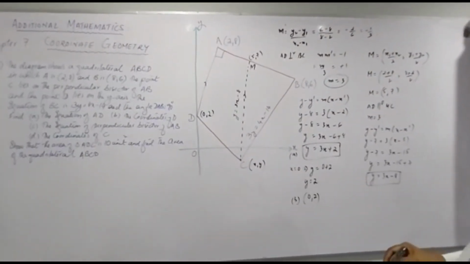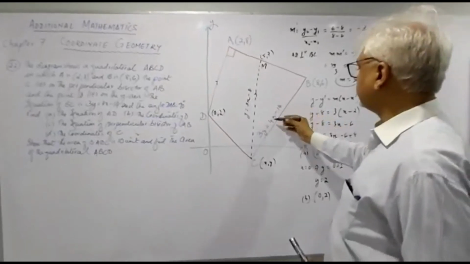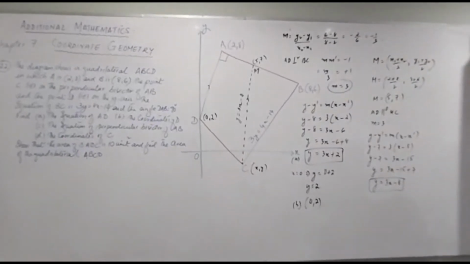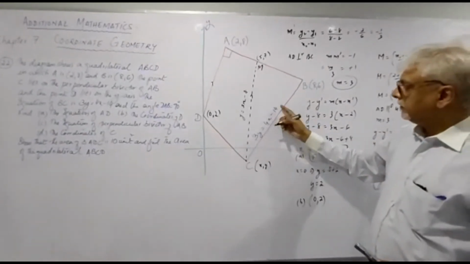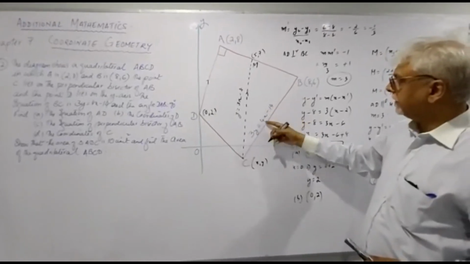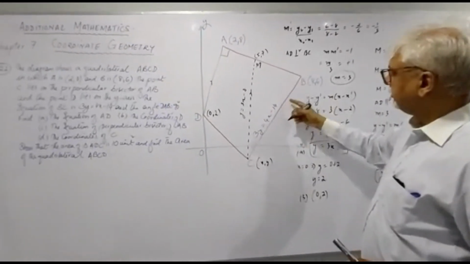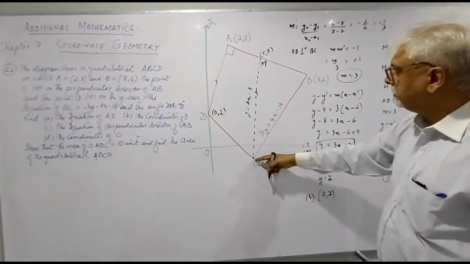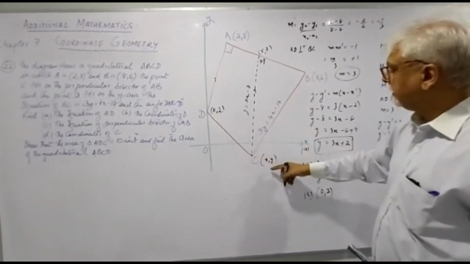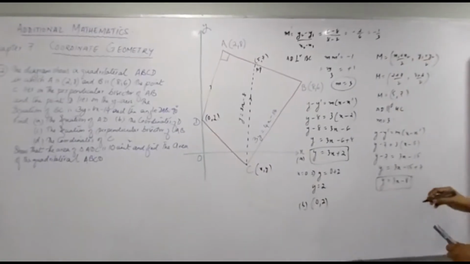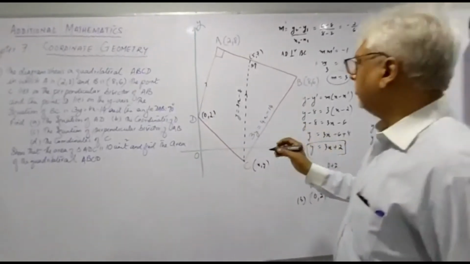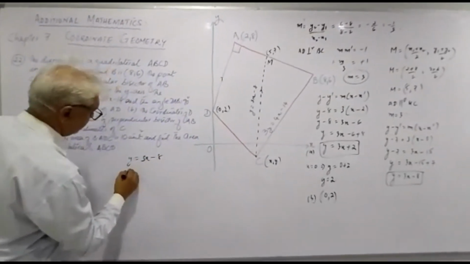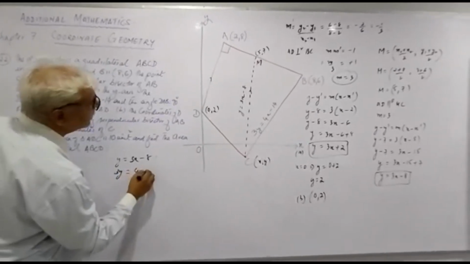We know the equation of BC, that is 3y = 4x - 14. This is the equation of BC, and we know the equation of MC, and they both meet at point C. So when you equate these, you'll get the value of x and y. So let's solve it over here. y = 3x - 8, and we have 3y = 4x - 14.